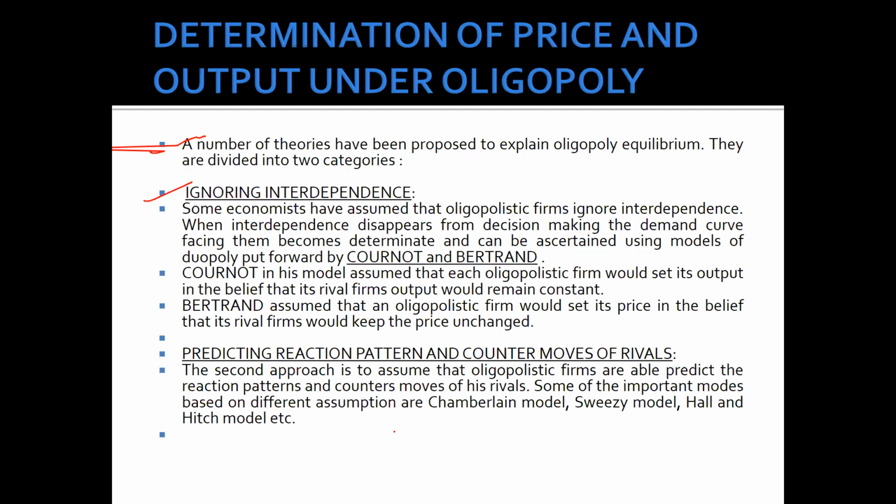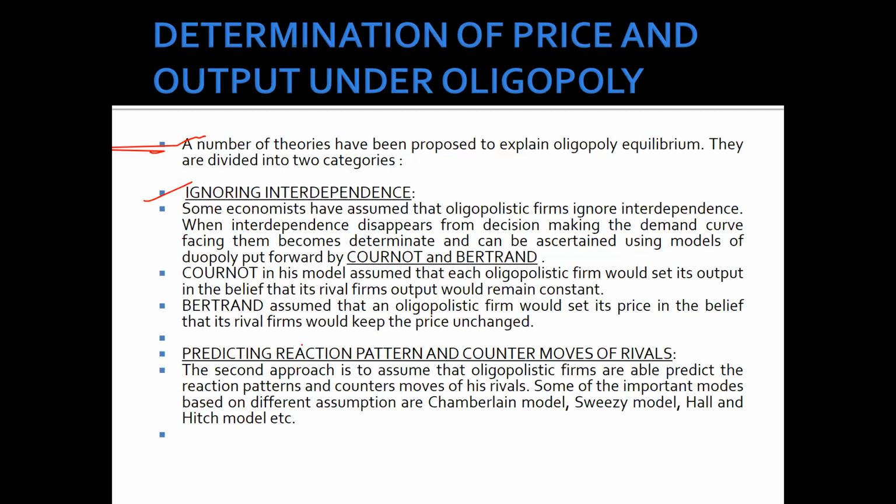Like, let's say I will not reduce my product price, you should also not reduce your price. Ultimately, we would shrink our margins. But when you are ignoring interdependence, you are not bothering about the other person and what kind of prices they are giving. We are giving our prices, you are giving your prices. So that means ignoring interdependence.